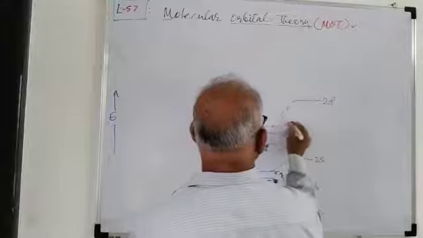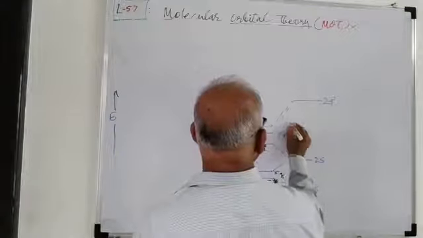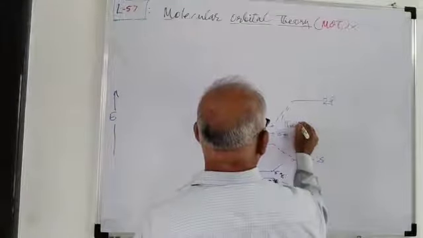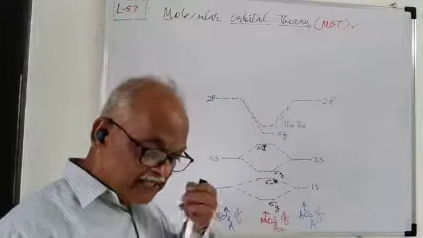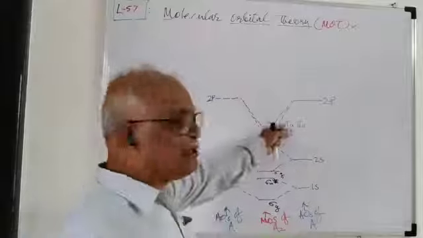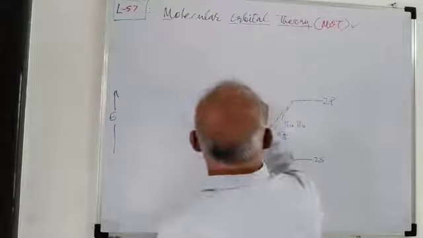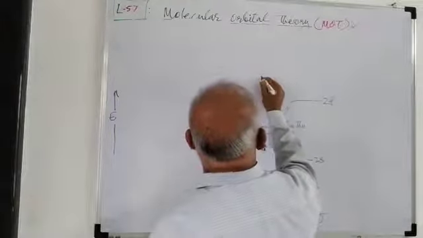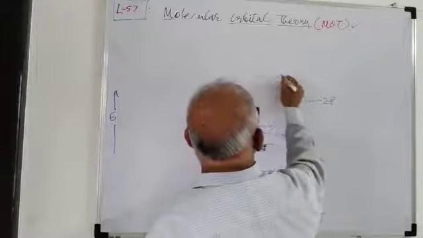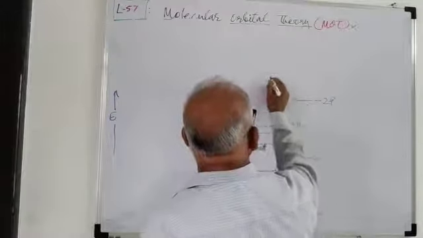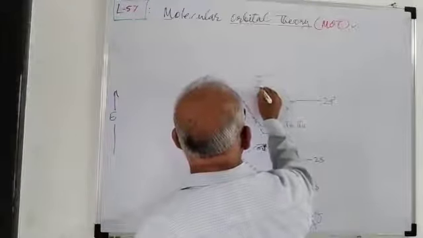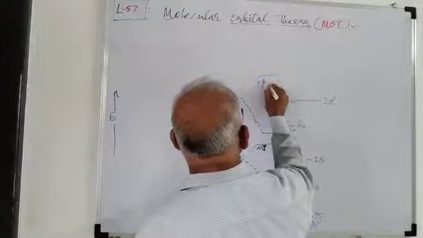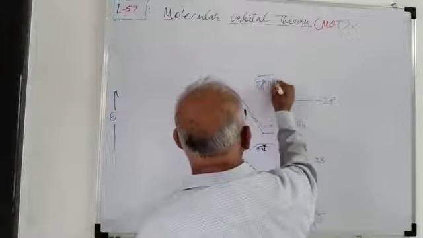We will show here pi u, and both are pi u, pi u1 and pi u2 we can represent. Then after linear combination they will show two anti-bonding pi nature molecular orbitals, called pi g star, and this is also pi g star.